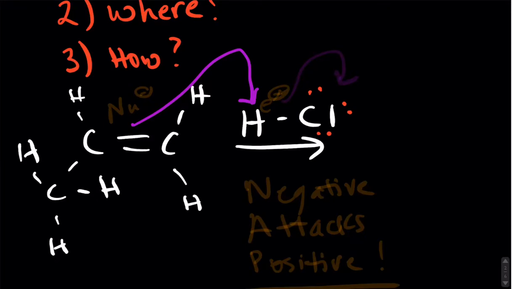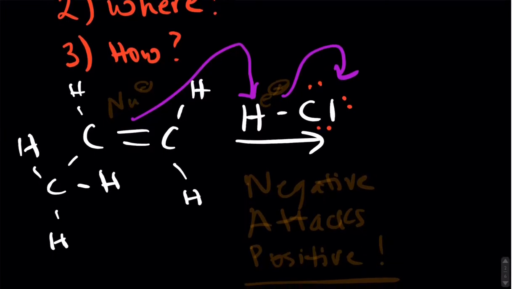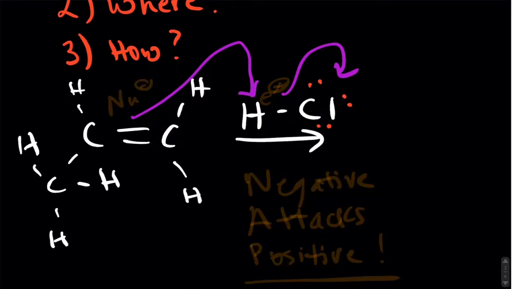And when we do that, we also have to break the bond connecting the hydrogen to the chlorine. So we're going to take the 2 electrons from the bond for HCl and place those 2 electrons on the chlorine. So what does this do? Well, at first, let's just know what our nucleophile and our electrophile is.